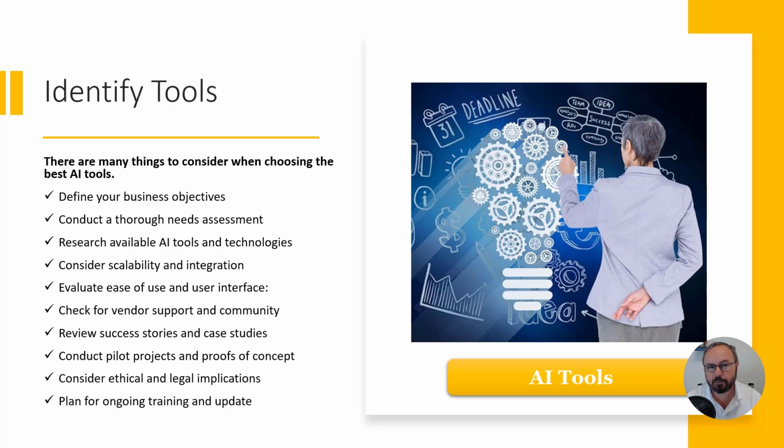Will it integrate? Will it provide a level of value that our organization really needs? So we want to define our requirements, our objectives, really for needing this tool in the first place.